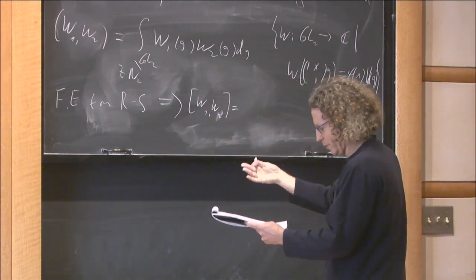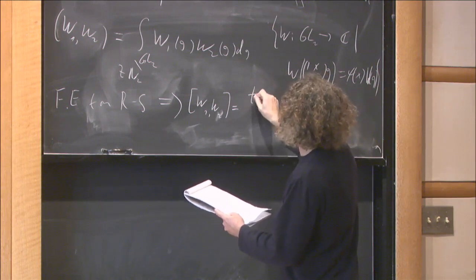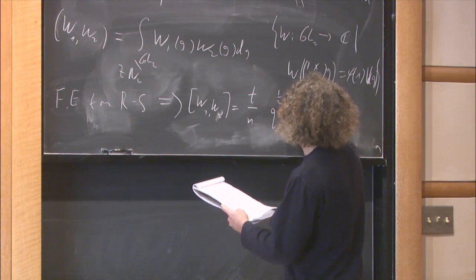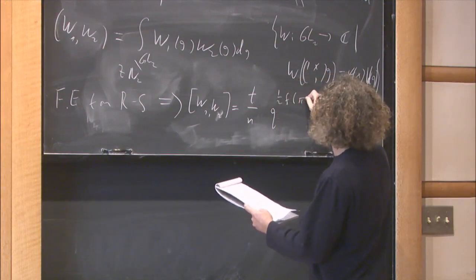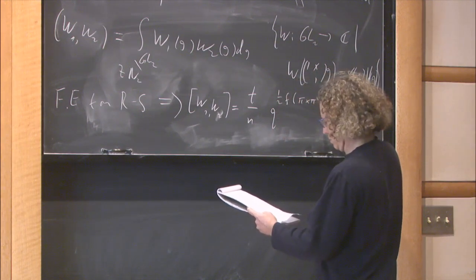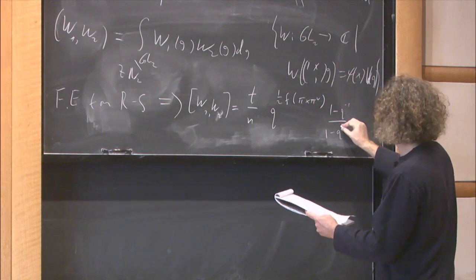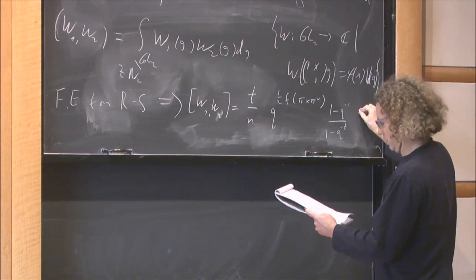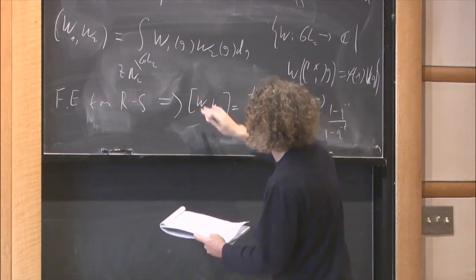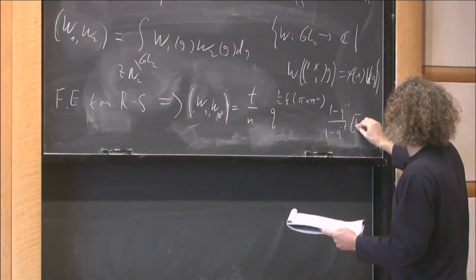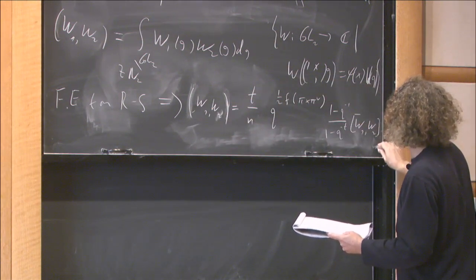The notation will be for any GL_N, it doesn't matter. So T over N, q to the 1/2 f(pi), 1 minus q inverse over 1 minus q to the minus T. Oh, it's the other way around. Of course, in my handwriting, I cannot distinguish between these two, but let's pretend that it's this one.